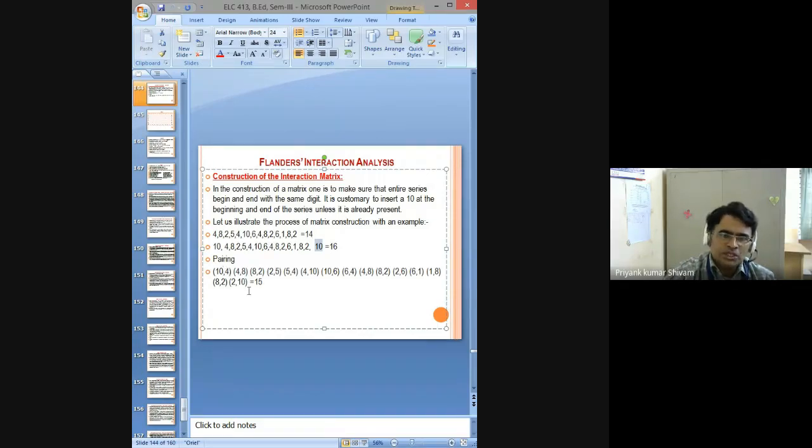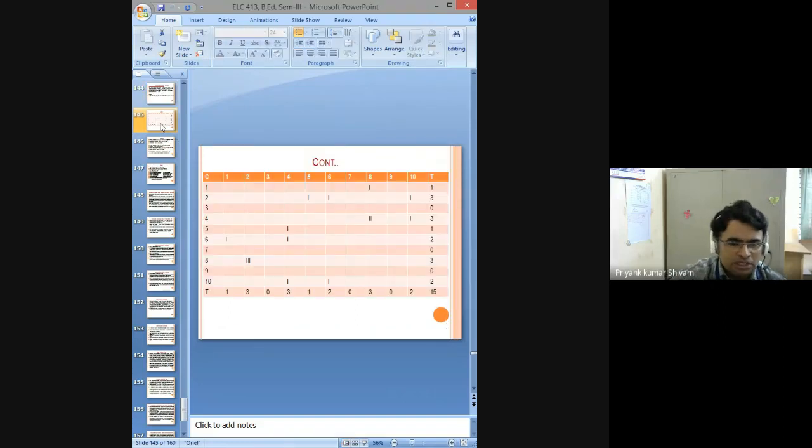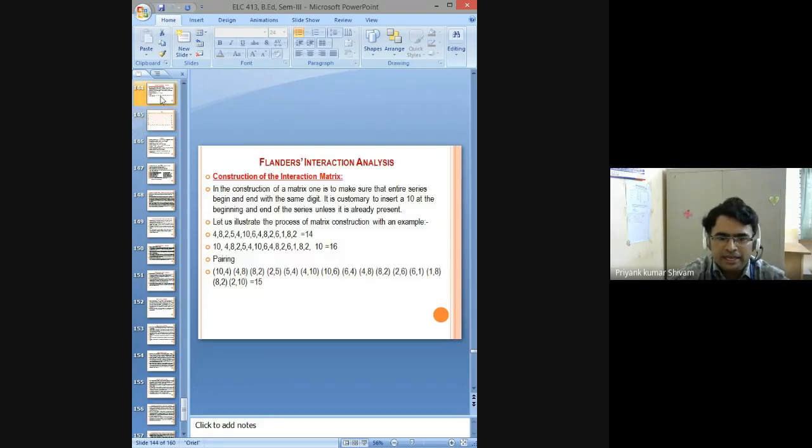Once you have made these pairs, you have to draw this chart. This chart is known as the matrix table, the Flanders matrix table. Now in this table, you have to do one thing that is directly related to the pairs. In a pair there are two numbers, one on the left side and another on the right side.